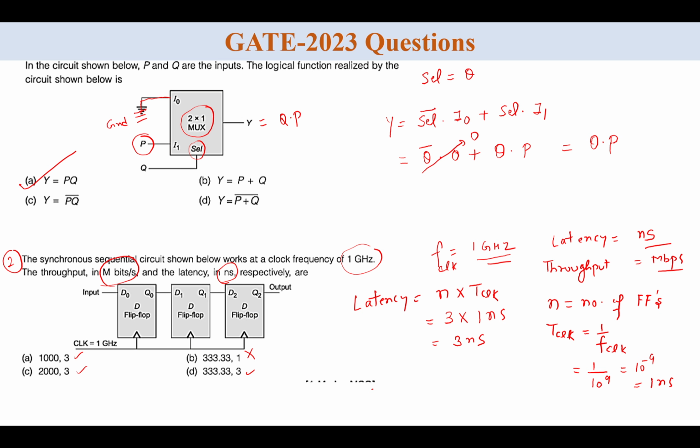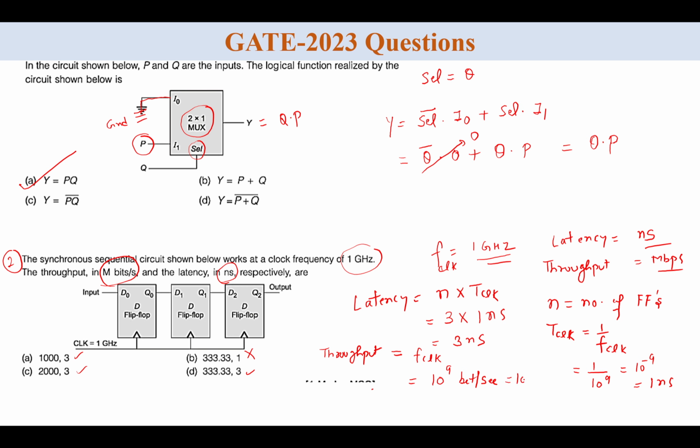Now we come to the throughput. The throughput value is equal to f clock. So what is f clock? 10 to power 9 bits per second. But here they want the answer in megabyte per second.